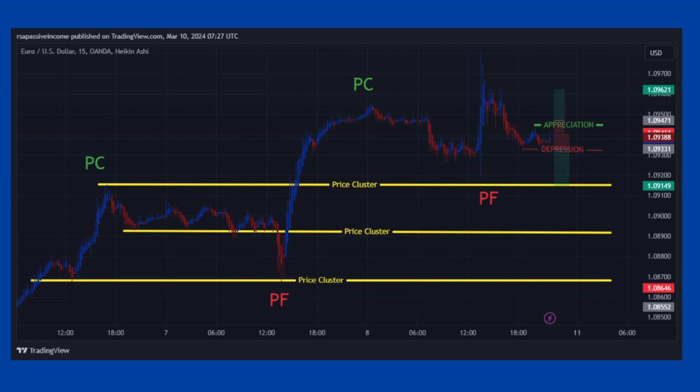So again, we start looking at our previous price floors and price ceilings.